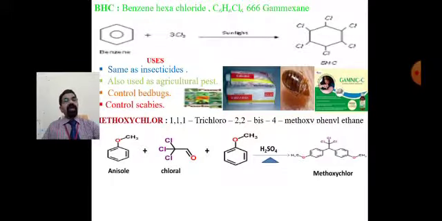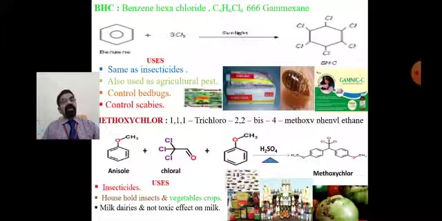Then what are the uses of methoxychlor? It is also similar to that of BHC. It is an insecticide. It is also used to control household insects and nowadays mostly on vegetable crops.